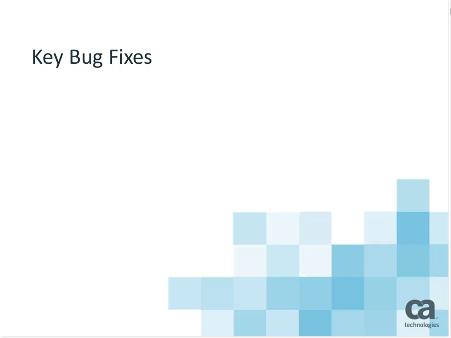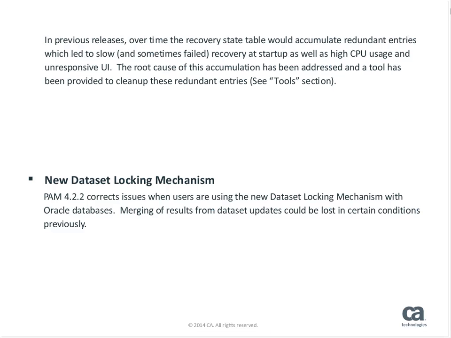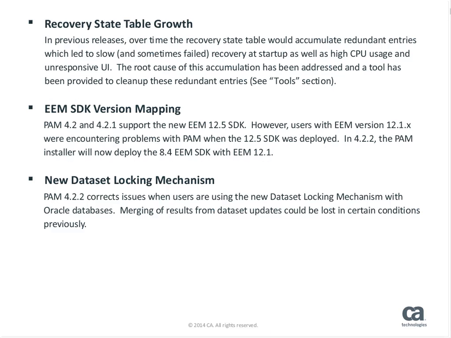In terms of key bug fixes, there are really three areas. One is primarily around recovery. There were several issues that we found related to recovery and stuck processes and stuck tasks.